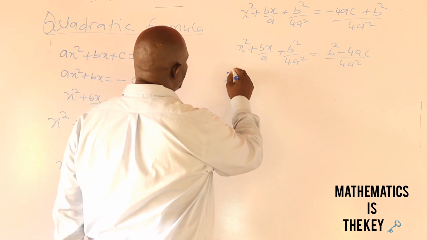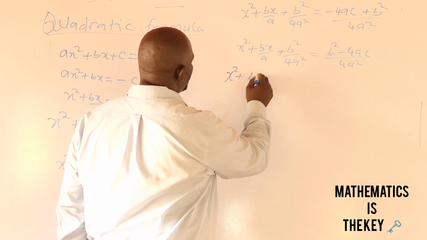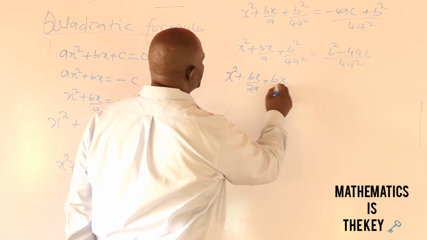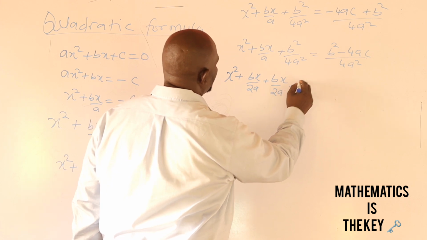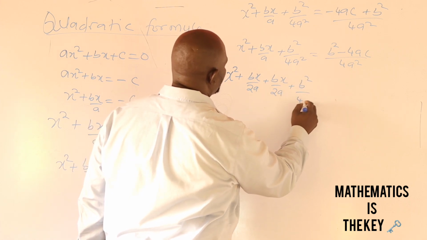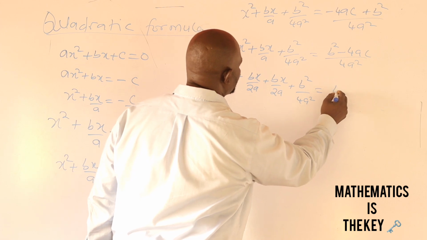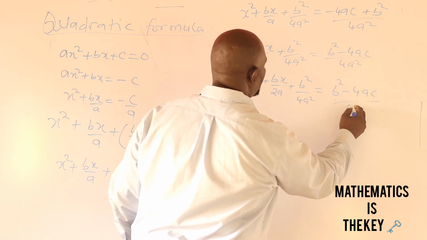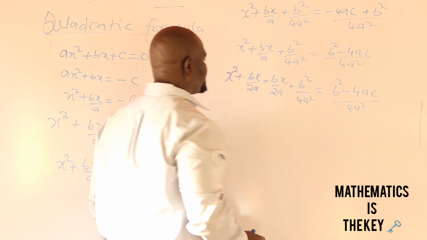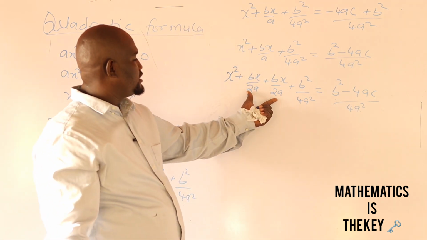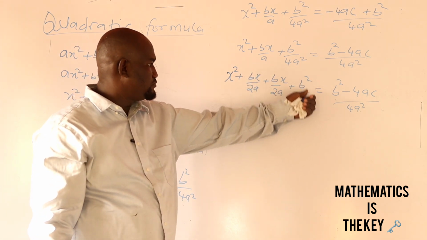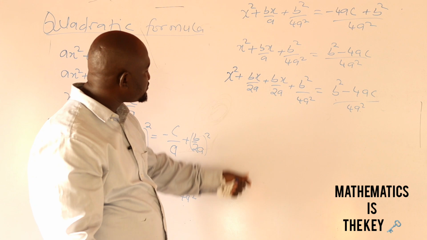That is, we are going to have x squared plus bx all over 2a plus another bx all over 2a plus b squared all over 4a squared is equal to b squared minus 4ac all over 4a squared. The sum of these two will give us back this, and the product of these two will give us b squared all over 4a squared.